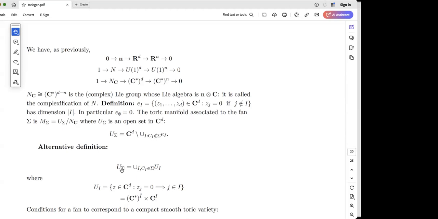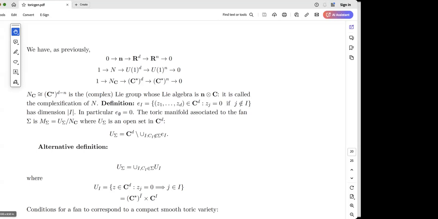So an alternative definition is U_sigma is equal to the union over all the indexing sets I for which C_I is in sigma of the U_I. And here U_I is the set of z in C^d for which z_j equal to 0 implies that j is in I. So this is C star to the I bar, where I bar means the complement of I, times C^I.